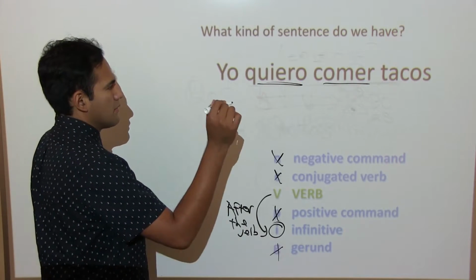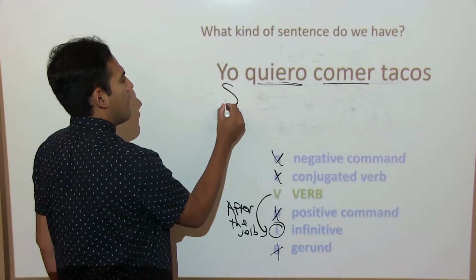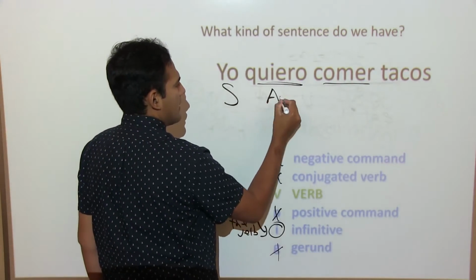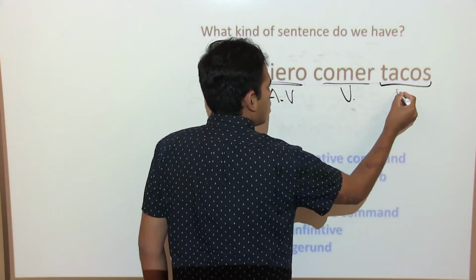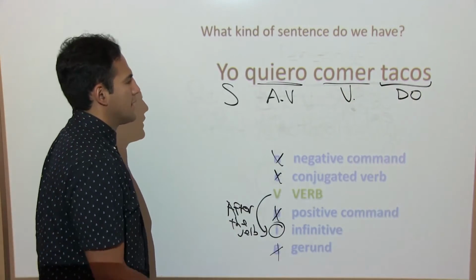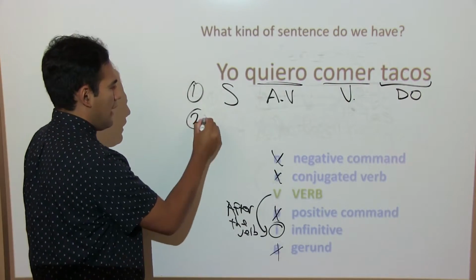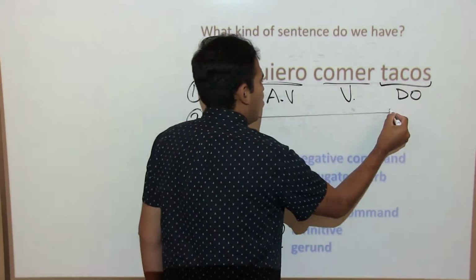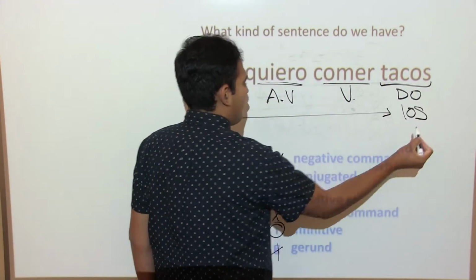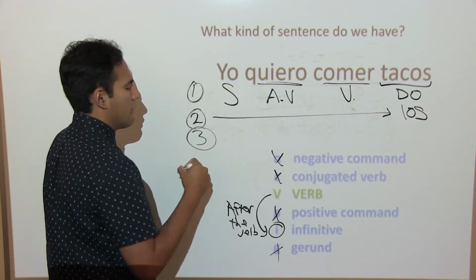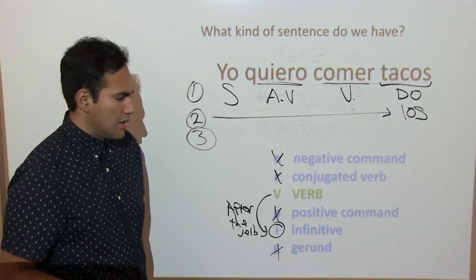Okay? So, let's do the same thing. Here we have a subject, we have an auxiliary verb, and then we have a verb and our direct object. So that was our first step. Second step is we have to identify the direct object pronoun, which is going to be los. And third step, we rewrite it, including the direct object pronoun.